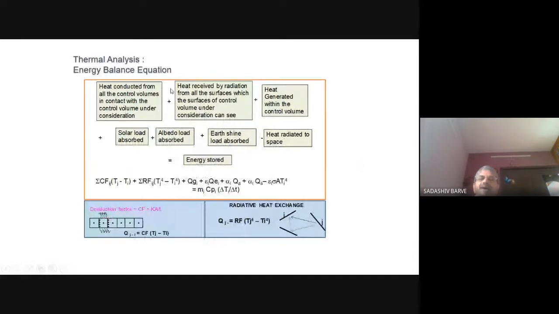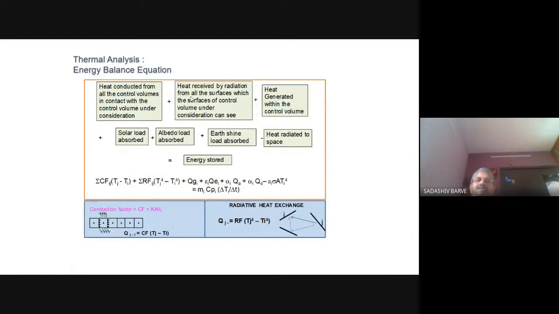Heat received by radiation. See, if it is within an enclosure, then this particular given element is seeing some other element, and how the radiation takes place from one surface to another surface, provided they see each other. So these are the things that come in the radiation.